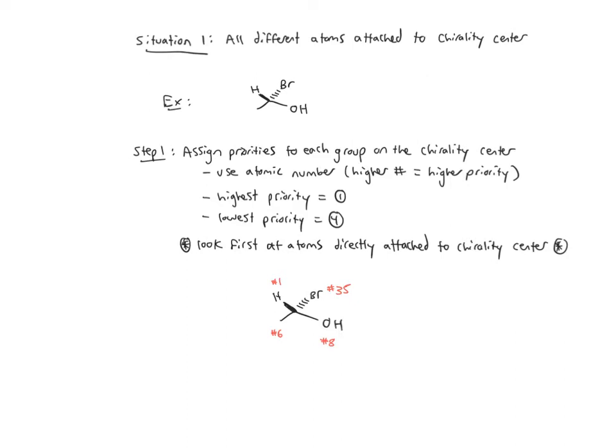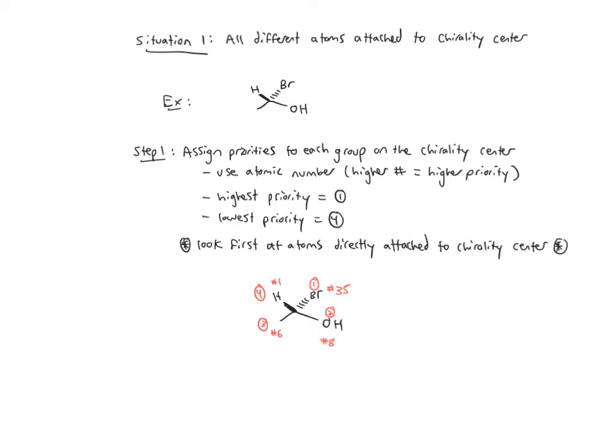Bromine, with 35 as its atomic number, is going to be our priority 1. So we're going to put that as 1. Oxygen is coming in at the second priority because it has the second highest atomic number. Carbon has the third highest, and then hydrogen is last because it has the lowest atomic number.